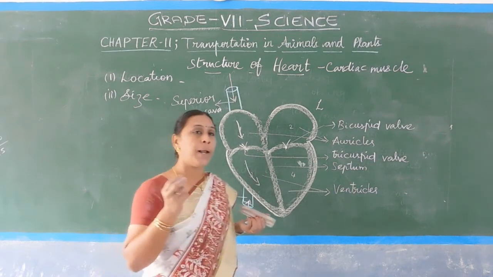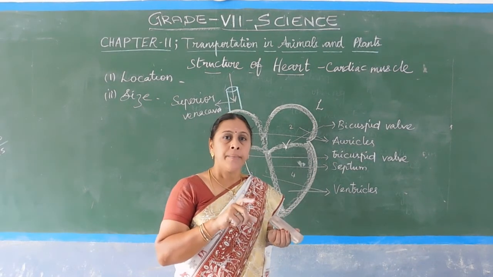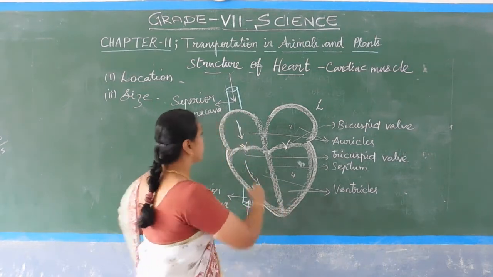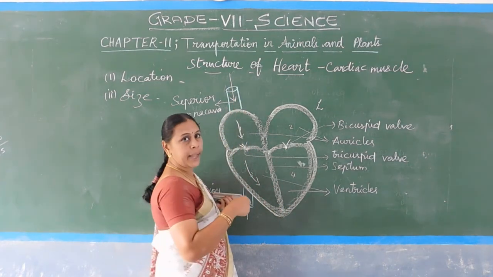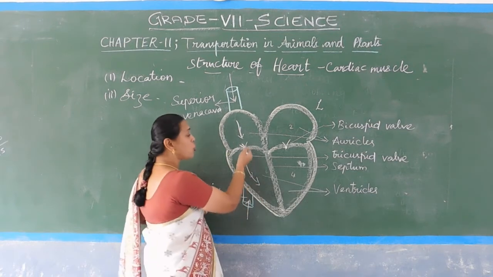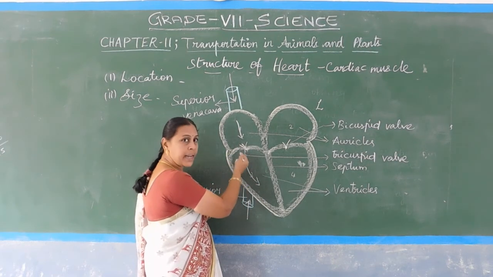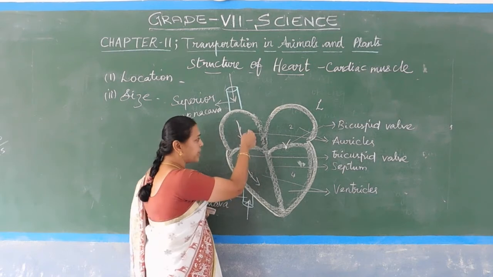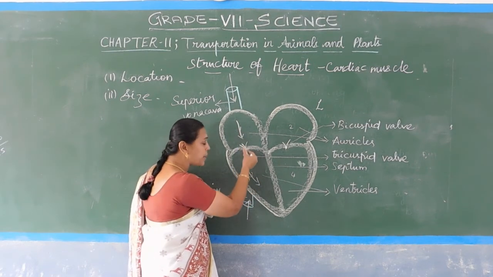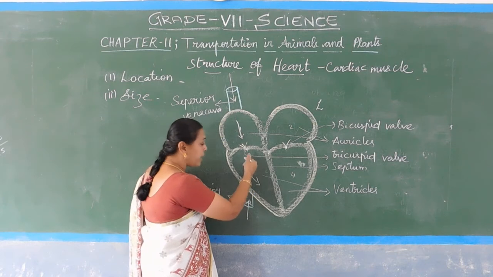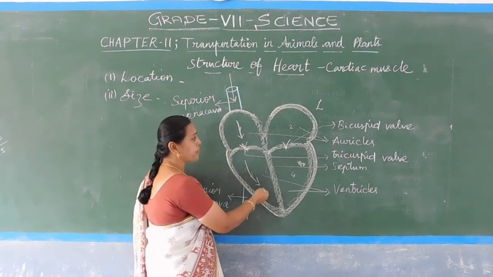All the blood containing carbon dioxide enters the right auricle through the superior vena cava, and through the flap, that is the wall called the tricuspid valve, present between the right auricle and right ventricle, the blood enters into the right ventricle.